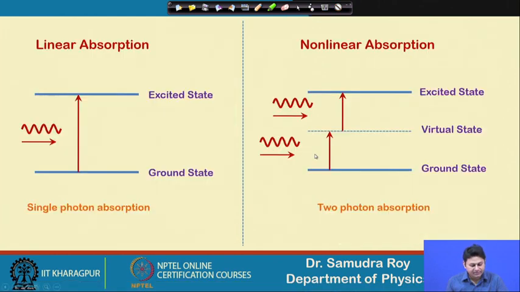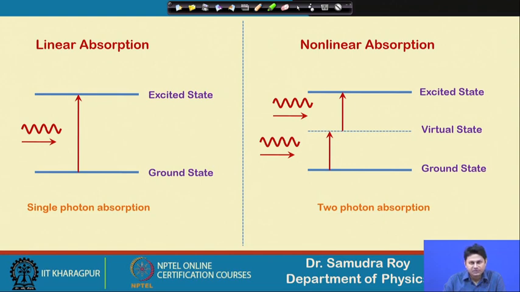Well, next let us try to understand one important thing, and that is the nonlinear absorption. Linear absorption is essentially a single photon kind of absorption. Today we are going to learn nonlinear absorption, but before that let us give a very rough idea about linear absorption. When linear absorption is there, light is absorbed by a single photon phenomenon, and then the molecule or atom goes to the excited state.